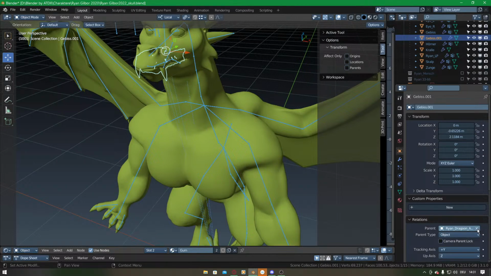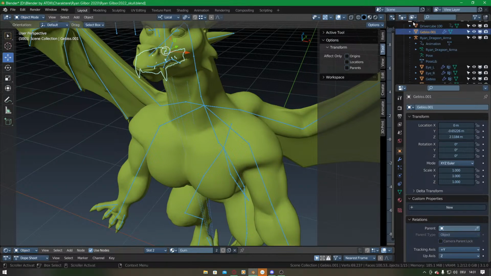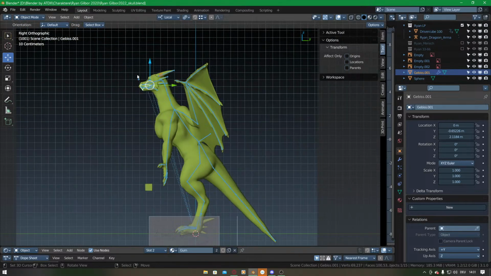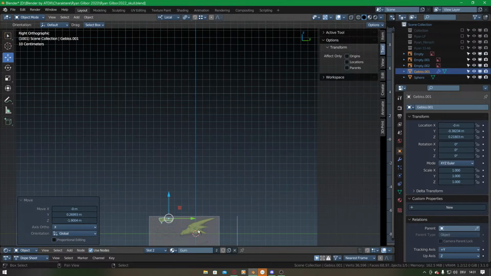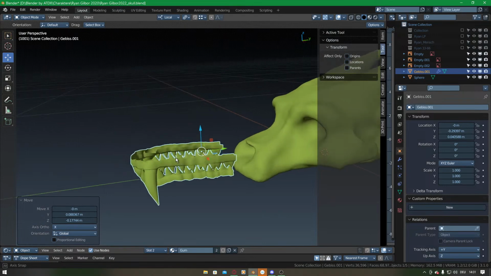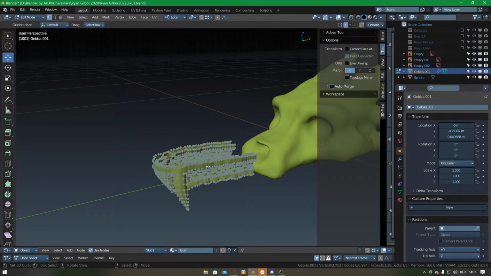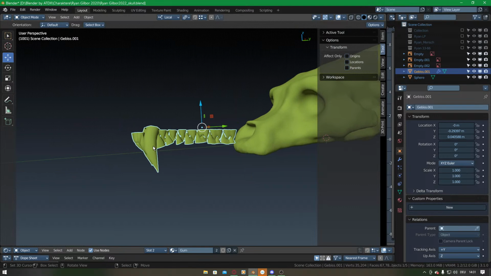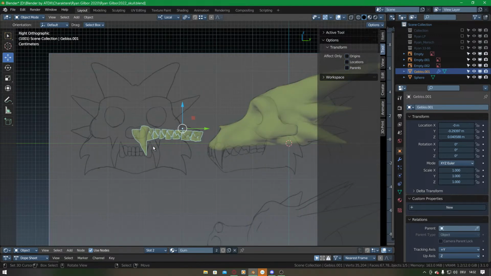And get rid of this relation. All right. Yeah, and that's basically the teeth that I need. Now is the question, do they fit?